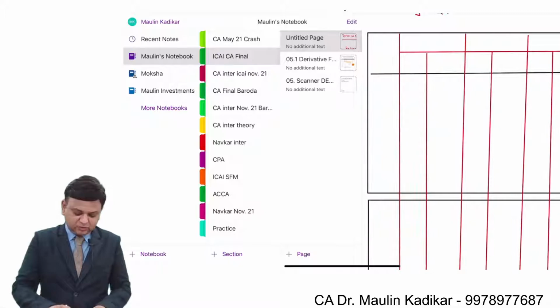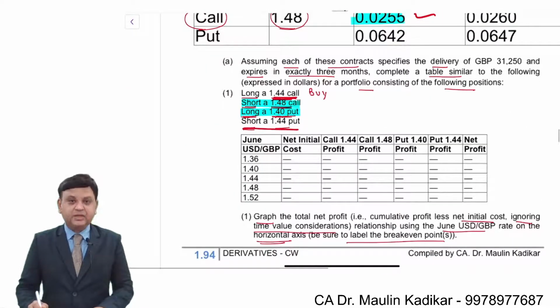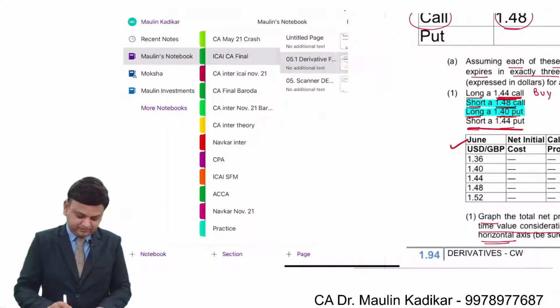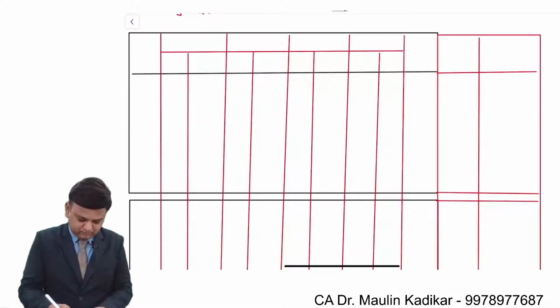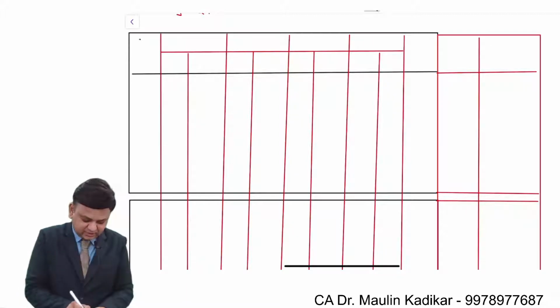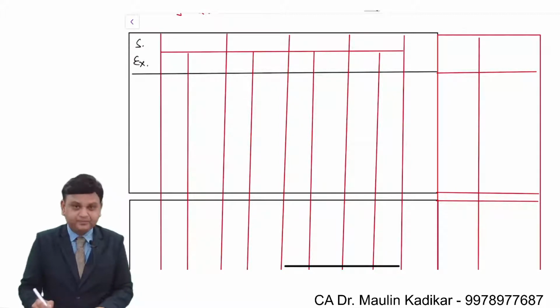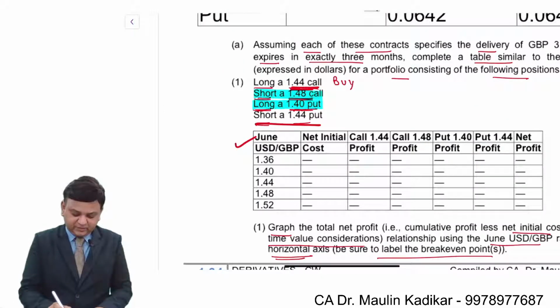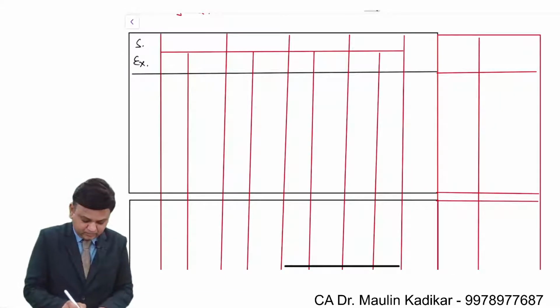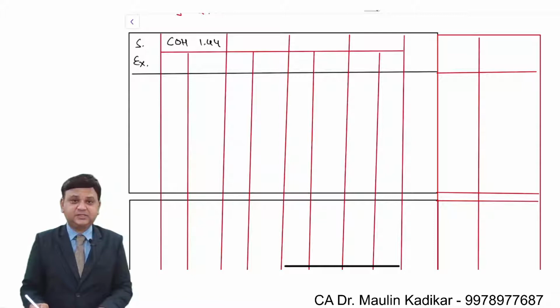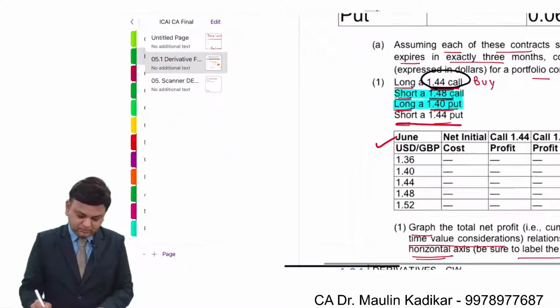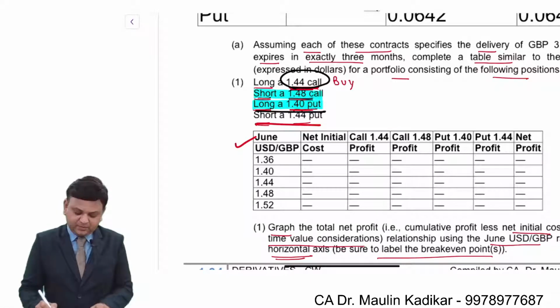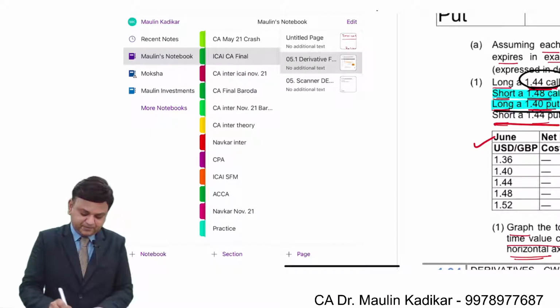So let us see how to calculate the answer. The first column is the spot exchange rate. The next is 1.40 call purchase. So it is call option holder with 1.40 exercise price. Then again you purchase the put option, 1.40 put.